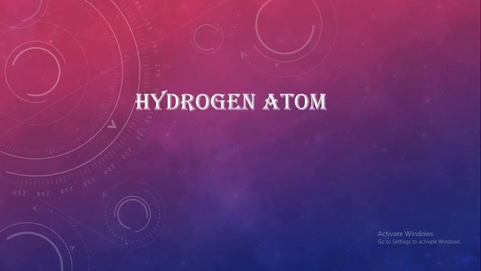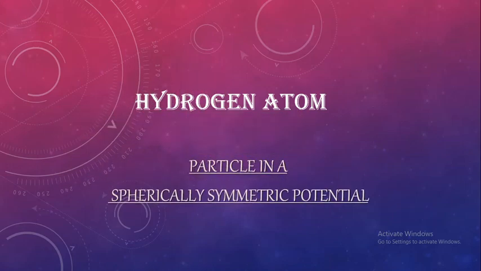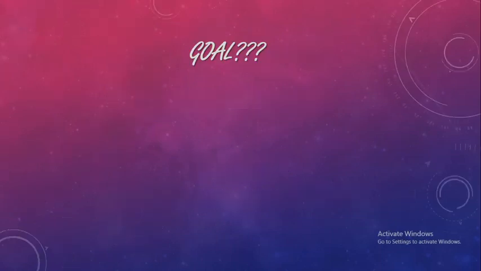Hello everyone. In our previous class, we started the discussion on the hydrogen atom, where we were discussing the three-dimensional problem, which is the particle in a spherically symmetric potential. So we understood what a spherically symmetric potential actually is and set a goal.